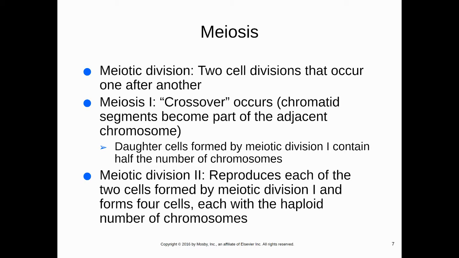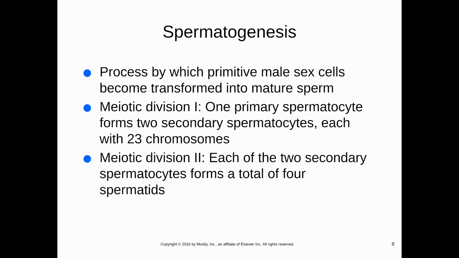The first part is where we separate out the chromosome pairs, and the second part is where you actually separate out the chromosomes. So in meiosis 1, this is where things get a little bit different, and that's because we can have a crossing over. So let's see. Don't see that.